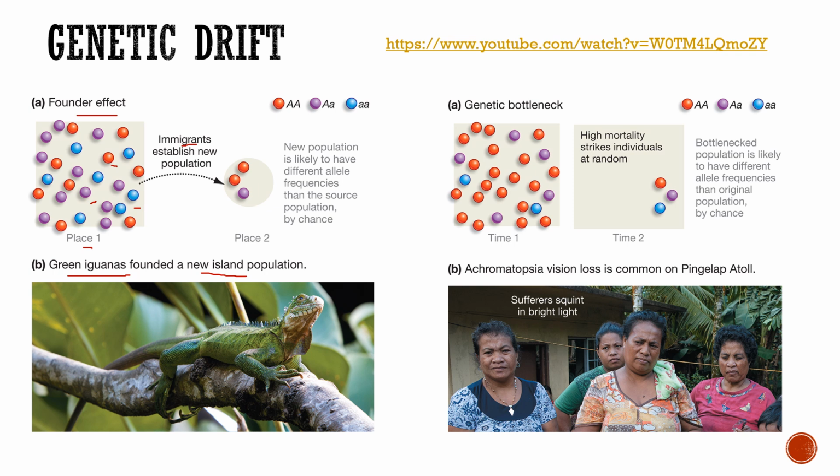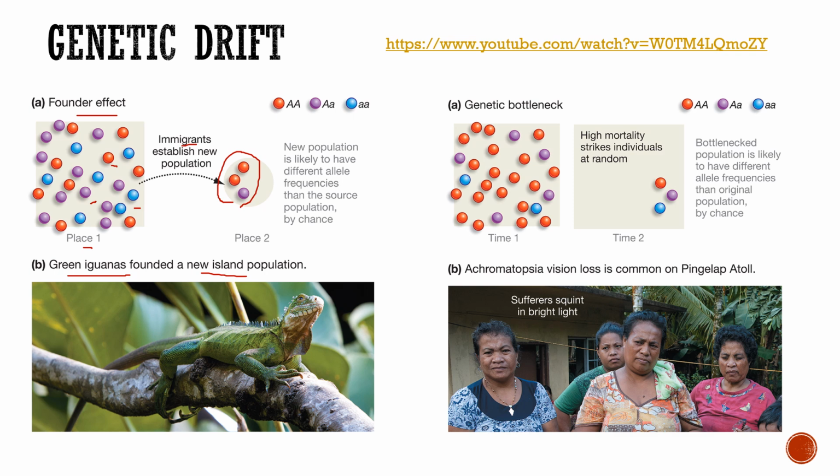That was in the original place. However, if immigration happens, for example, here we have two homozygous dominant individuals and one heterozygous moving to a new location. If that's the original source, at this point we have eliminated the homozygous recessive.